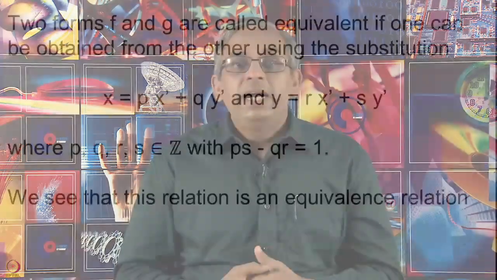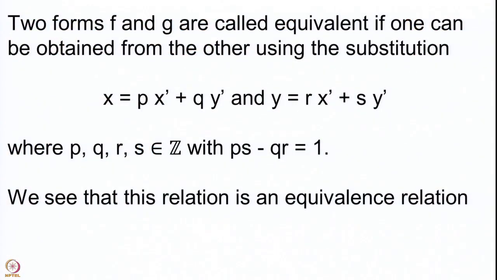But more importantly, whenever f is equivalent to g and suppose g is equivalent to a third form h, then f is equivalent to h. So, all these three properties are put together in a box and we call them an equivalence relation. So, we see that this relation is an equivalence relation.